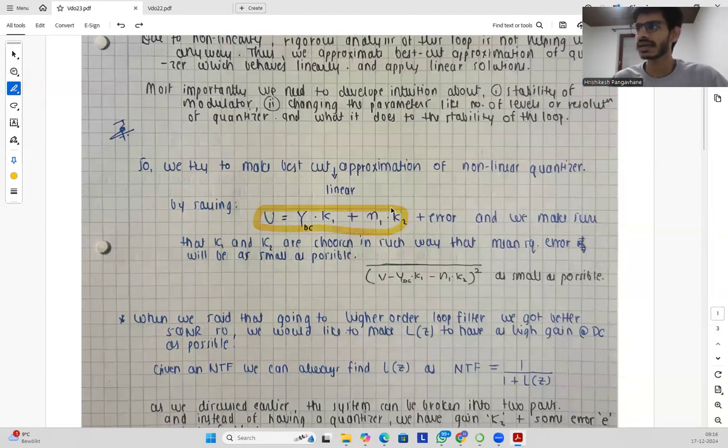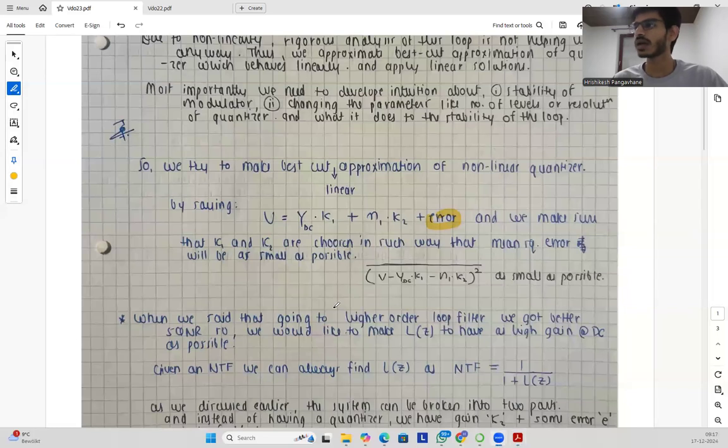This is the exact linear system, but as it's non-linear, it's the best fit approximation. It's not perfectly linear, so we are also left with an error. And we make sure that K1 and K2 are chosen in such a way that the mean square error is as small as possible. So basically, V minus YDC K1 minus N1 K2, and this mean square is as small as possible.